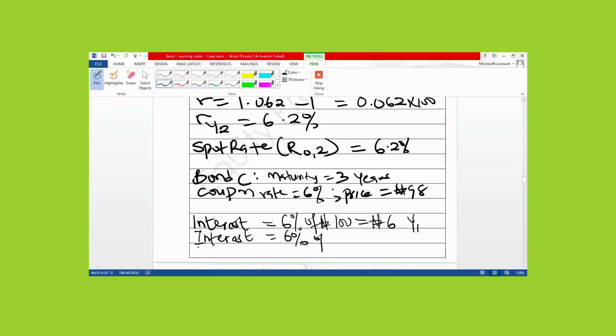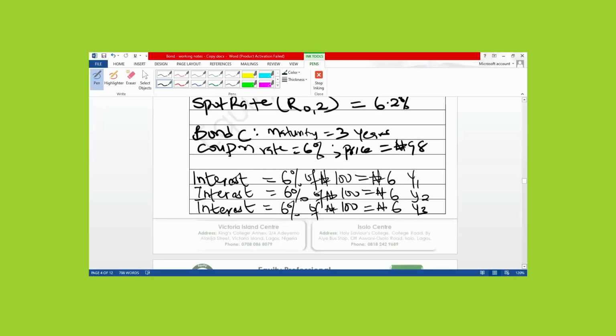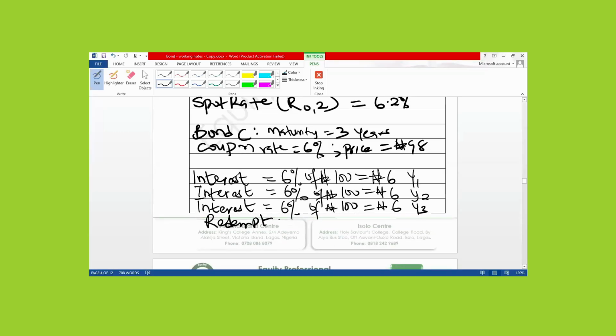We are going to 3 years. Interest again, 6% of 100 naira, 6 naira in year 3. The bond is for 3 years. At the end of year 3, you are going to have redemption value. Look at this, please. Both cash flows will happen in year 3.